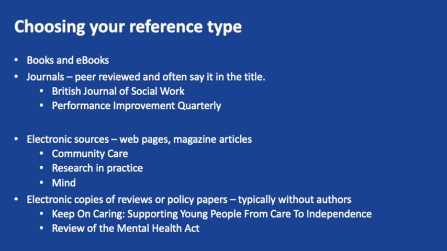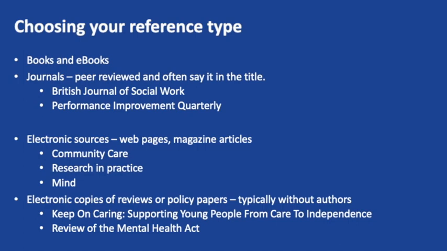Usually it says in it that there's a journal, or it says it's peer reviewed as part of the introduction to the document. And they're what you find most academic work is published in. It's where a lot of the more recent stuff is that you will find, because journals have a faster turnaround than a book.